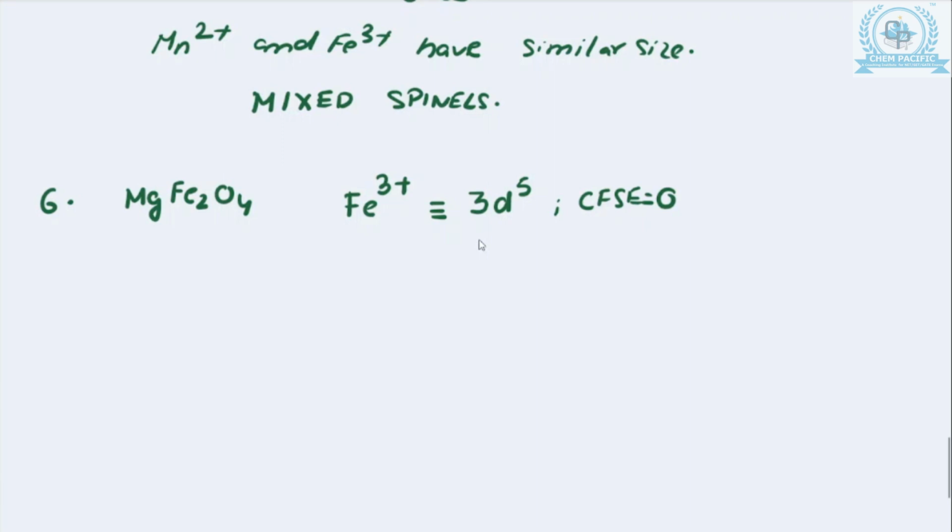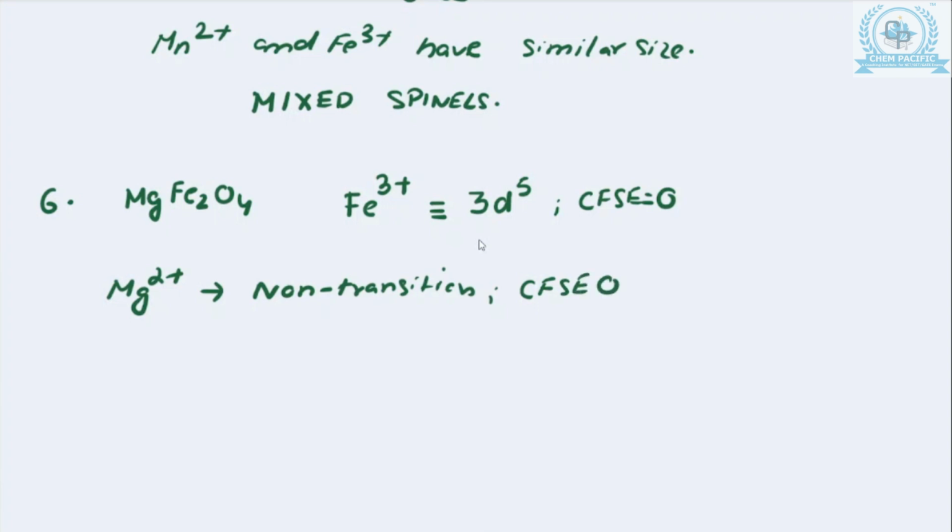Now magnesium is +2, a non-transition element, so normally we consider the CFSE to be 0.